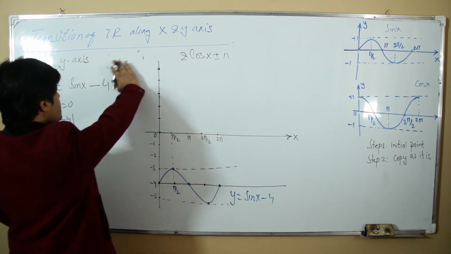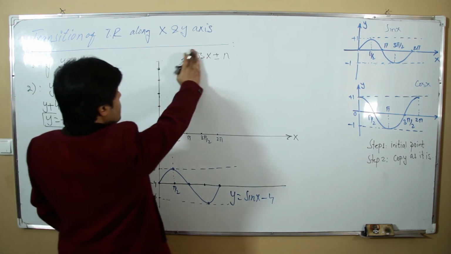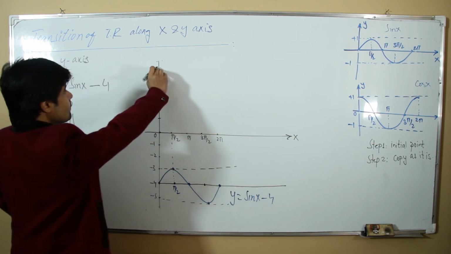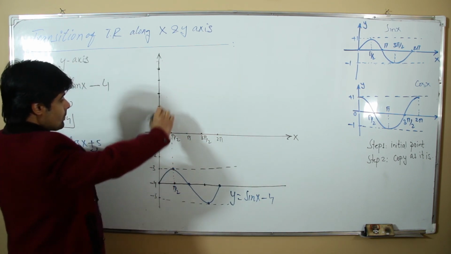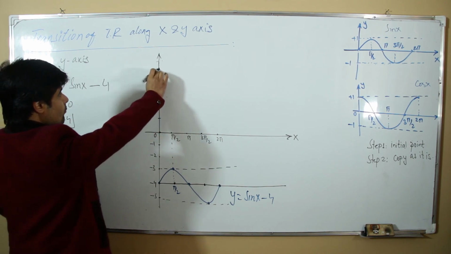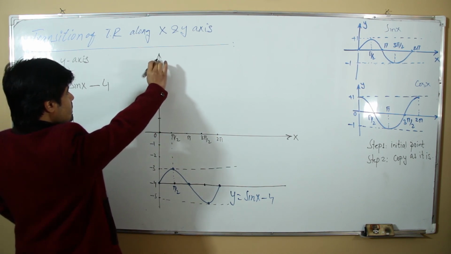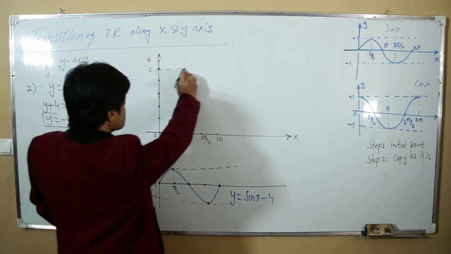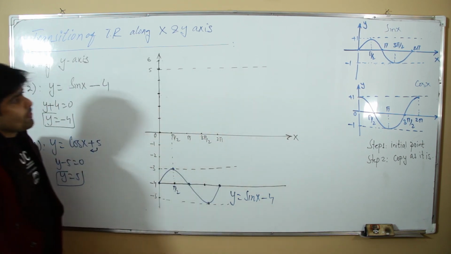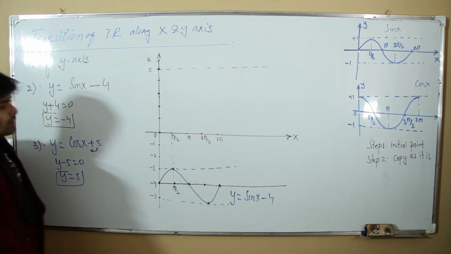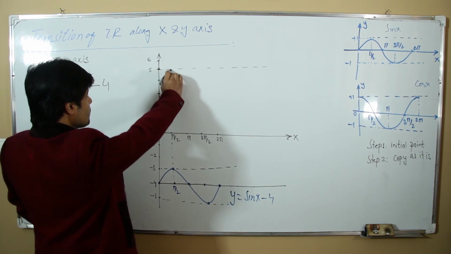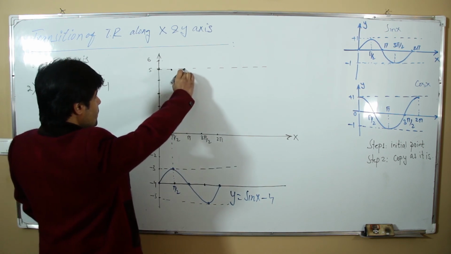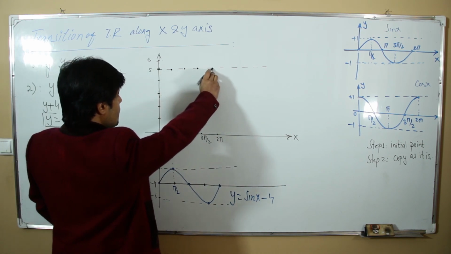Now let me delete this one. One, 2, 3, 4, 5, and this one is 6. Now this is our y equal to 5. Copy these numbers: 0, pi by 2, pi, 3 pi by 2, and 2 pi.